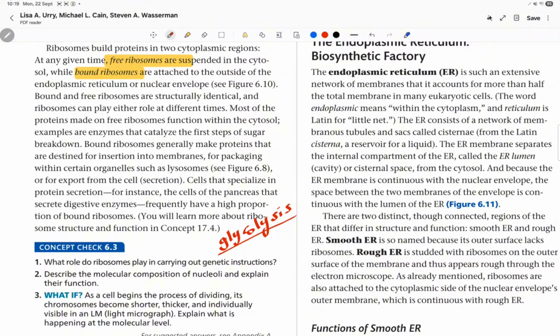So if the enzymes that are made are to stay within the cell, those enzymes are made by free ribosomes. But if you will make proteins or enzymes that have to leave the cell, then it's made by bound ribosomes. Or maybe they will stay on the cell membrane and act as a receptor, for example, or a channel protein. So free ribosomes versus bound ones will have different functions for you.